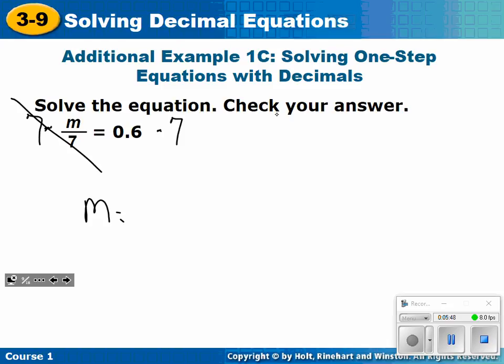Remember how to multiply decimals? Just forget the decimals to begin with, right? So we have 6 times 7, which is 42. How many decimal places did we use in that multiplication problem? Not 2, just 1. This was 0.6 times 7. So one spot, so we go one spot and we put the dot right there.